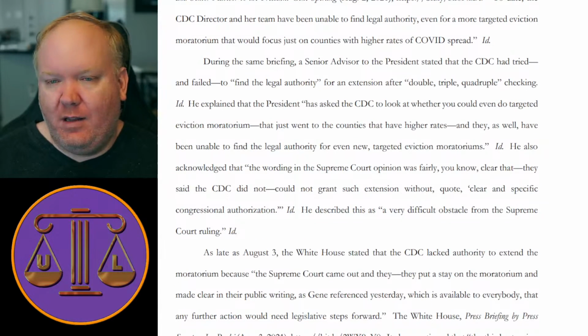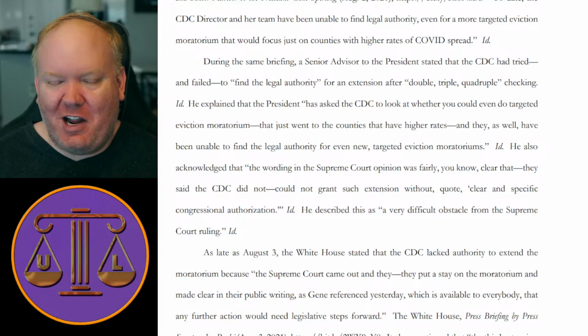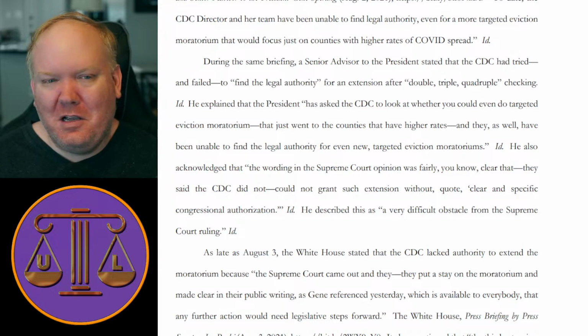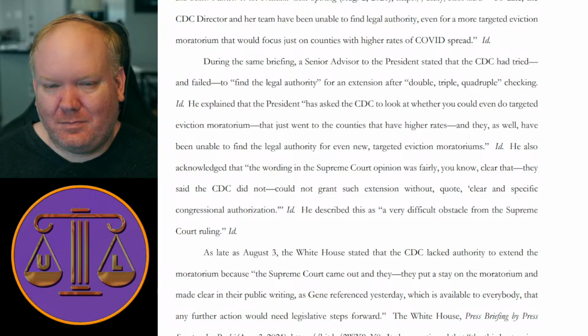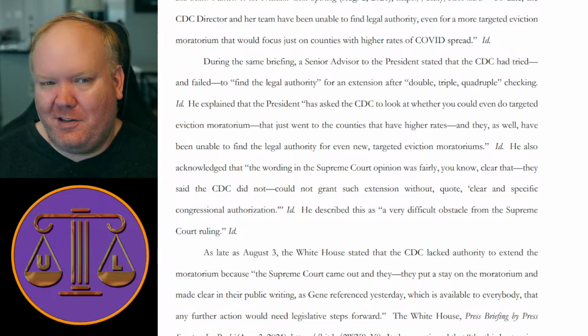During the same briefing, the senior advisor to the president said the CDC tried and failed to find legal authority after double, triple, and quadruple checking. I'm sure they read the health statutes very, very carefully. He explained the president asked the CDC to look at whether you could even do a targeted eviction moratorium that just went to counties with higher rates, and they, as well, have been unable to find legal authority for this targeted moratorium.